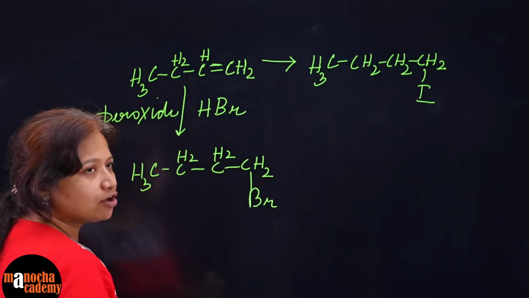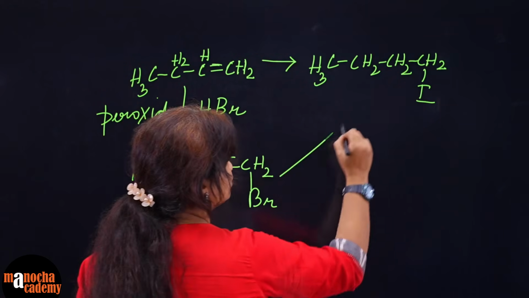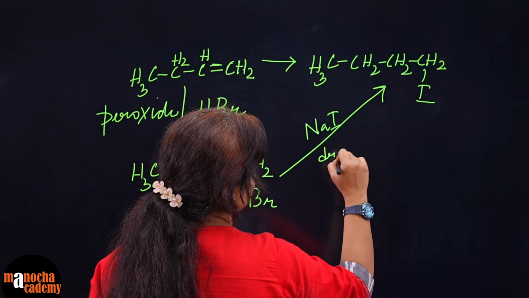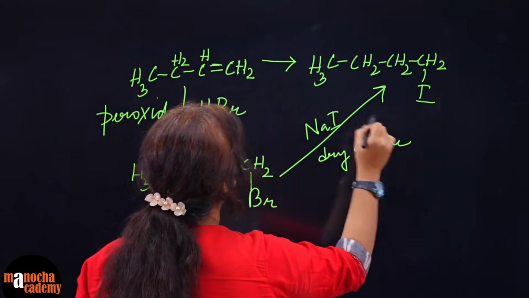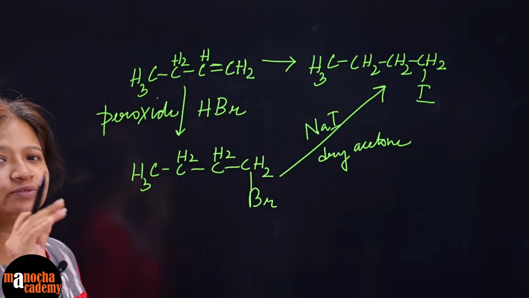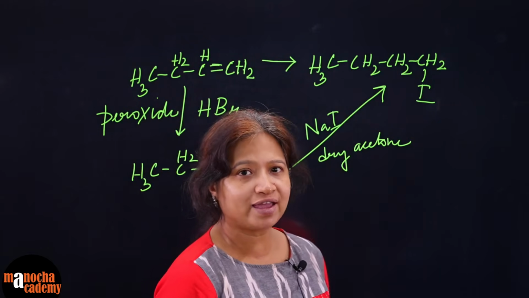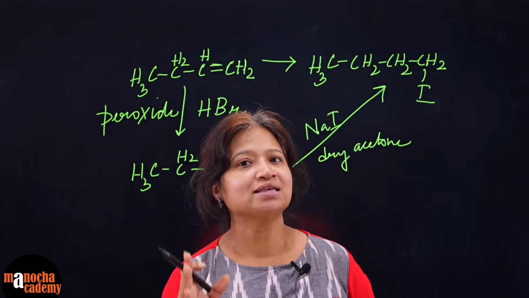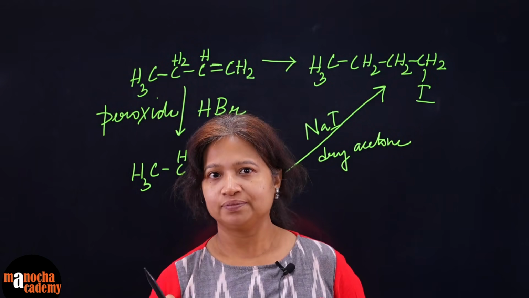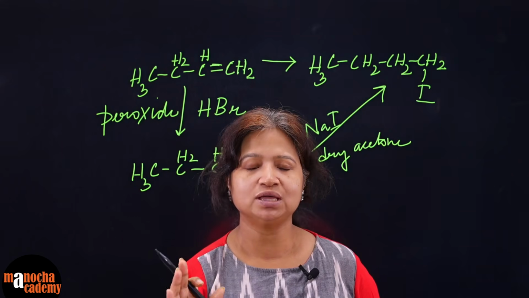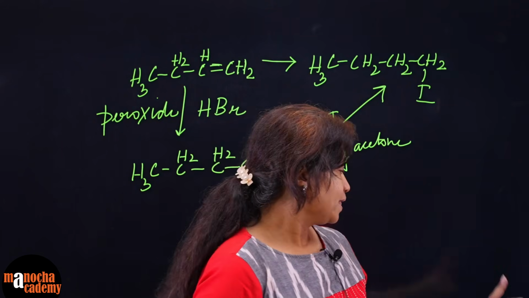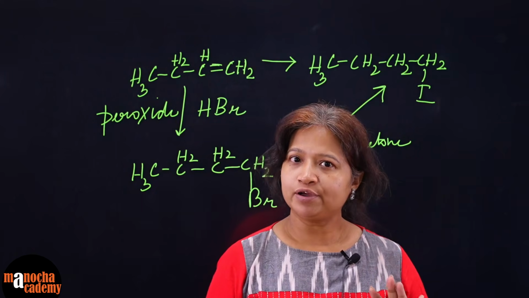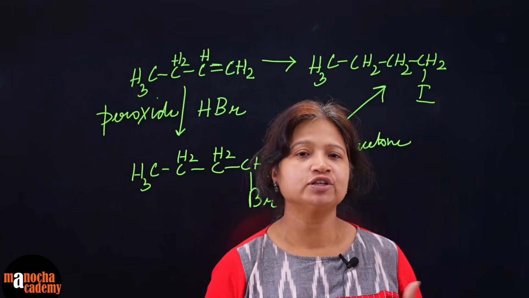Simple as that. Now the Finkelstein reaction once again: you add sodium iodide in dry acetone. So I repeat, you cannot add HI with peroxide, because the peroxide effect, or anti-Markovnikov effect, or Kharasch effect is not applicable with HCl or HI. It's applicable only with HBr. So again, go through your class 11 concept, you'll get to know that. So naturally, we first convert using HBr to the anti-Markovnikov bromo product, and then the Finkelstein reaction converts it to the corresponding iodo compound.